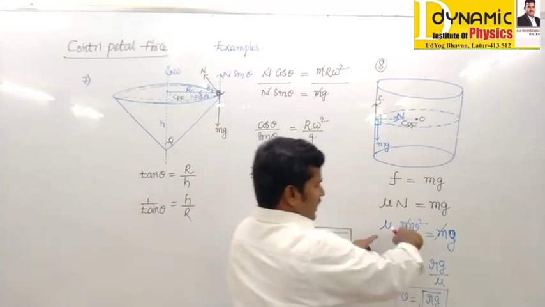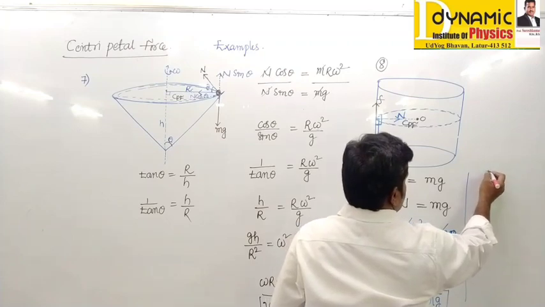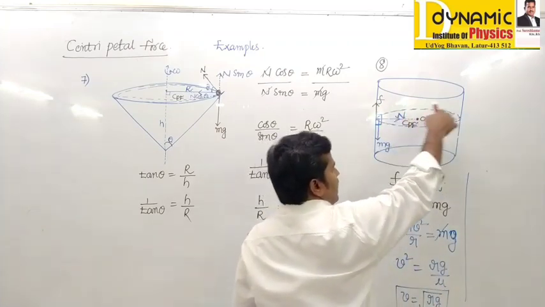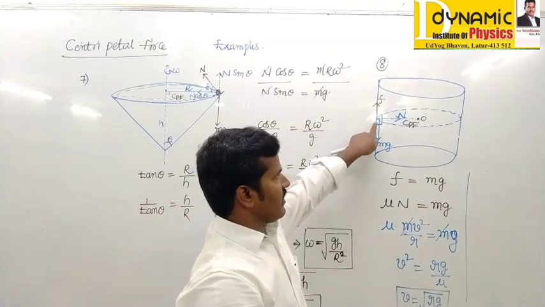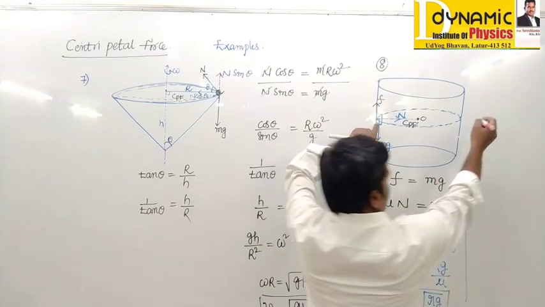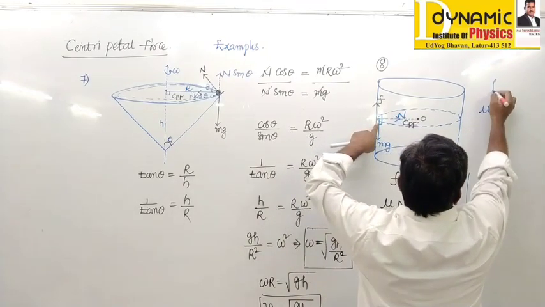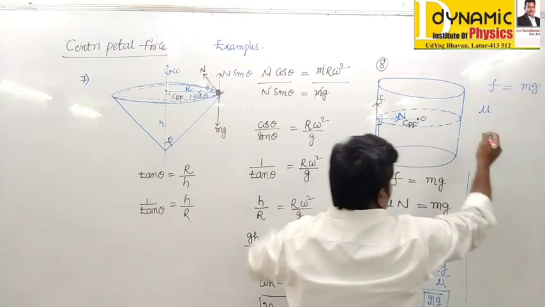Suppose we use mr omega square here. What is the maximum angular velocity? Suppose we want the angular velocity, then F equals mg, the upward force equals the downward force.